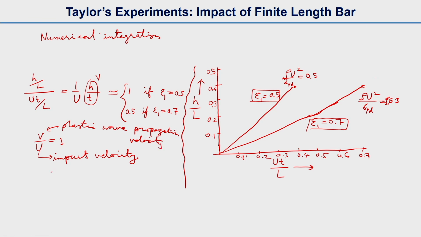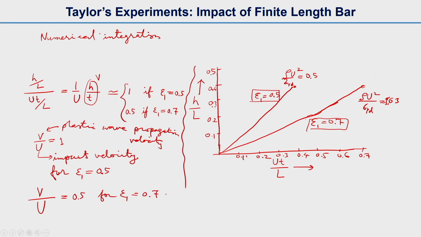They are equal for our strain epsilon 1 equal to 0.5, the maximum strain, or this is small v actually, small v and capital U is equal to 0.5 for epsilon 1 equal to 0.7.